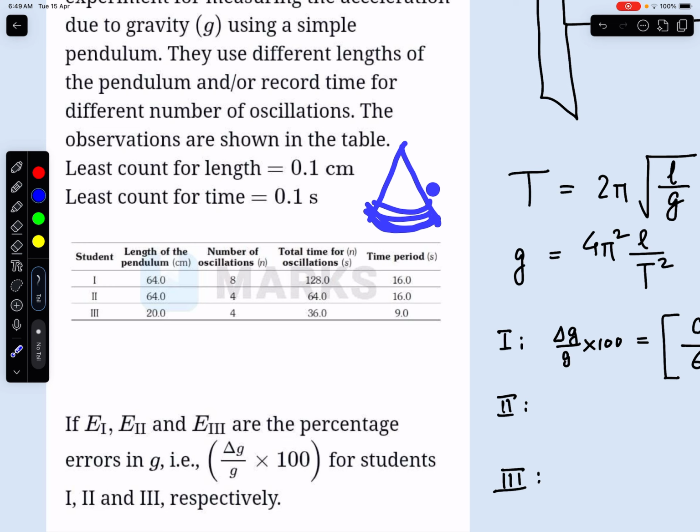So the time should be the time for all oscillations, total time, not this. Remember that. With the stopwatch you measure 128 seconds. It is on the time measured, that delta T divided by T. Here delta T is the least count error in time and T is the time measured, not the time period. Remember that. So this is 128.